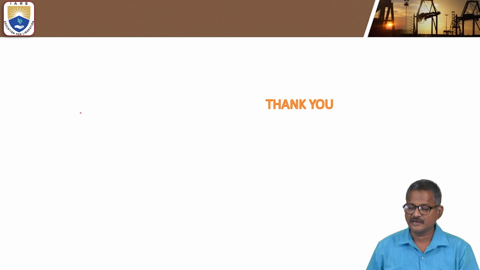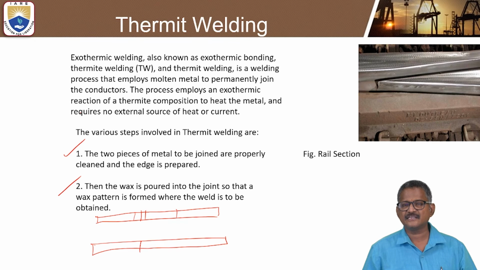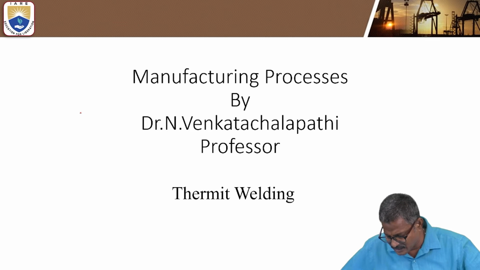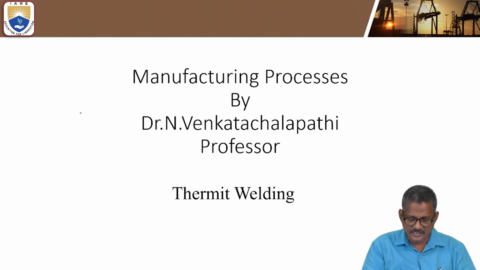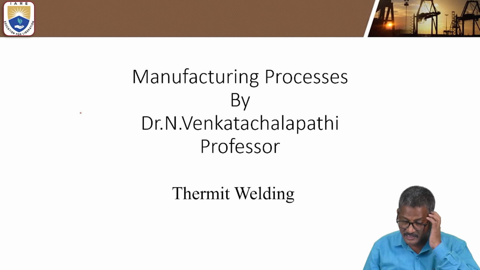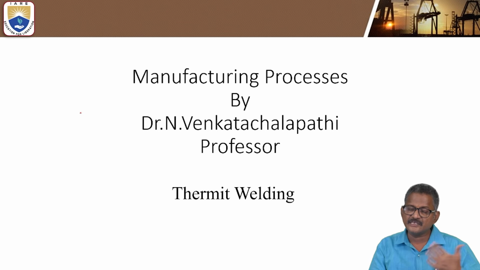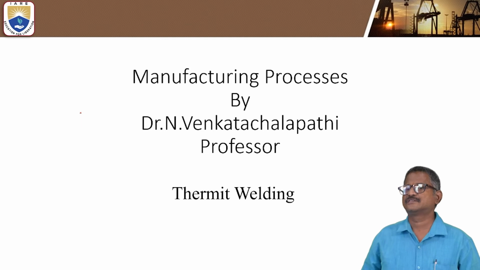This is how we can clearly understand the thermite welding process. In general, in a manufacturing process course, students come to the level of outcome-based or industry-oriented technology to be used in thermite welding.